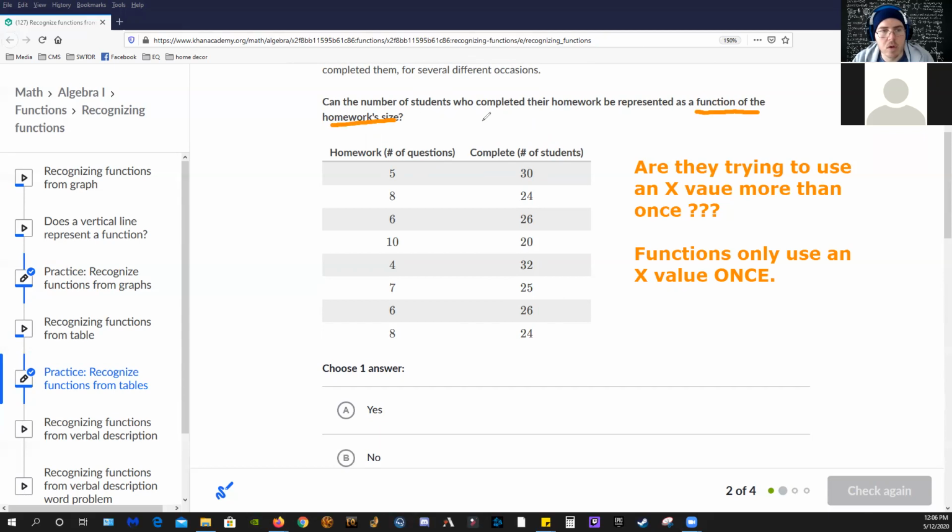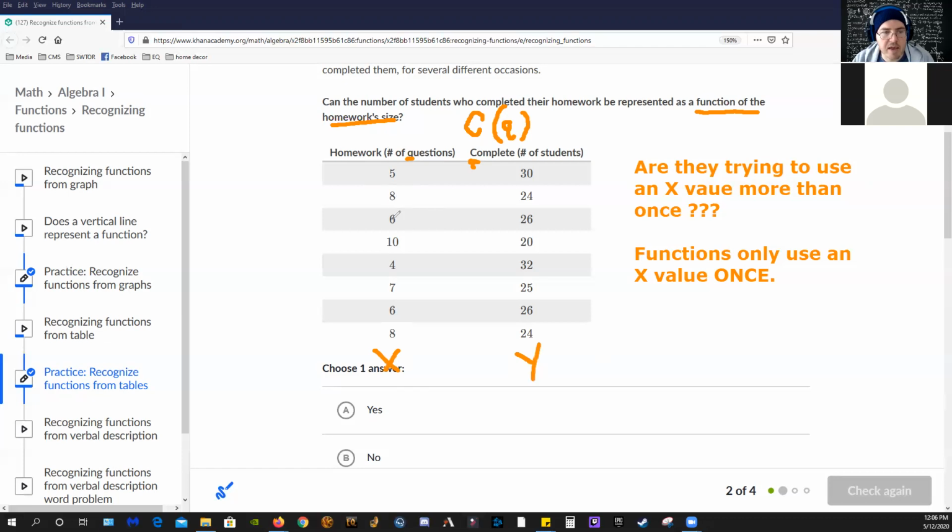So the completing students depends on the questions, which means these are our x values and these are our y values.